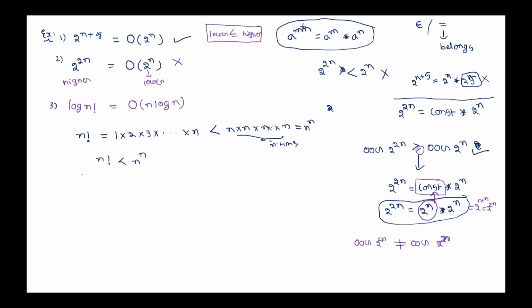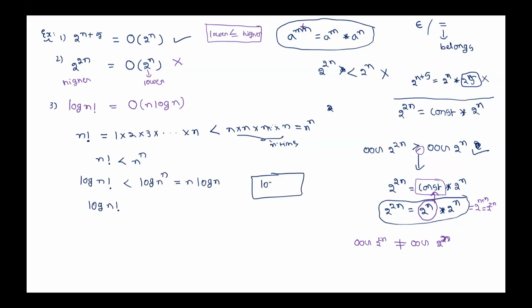Now let us take log on both sides. Log n factorial should be less than log n power n, which is n log n.